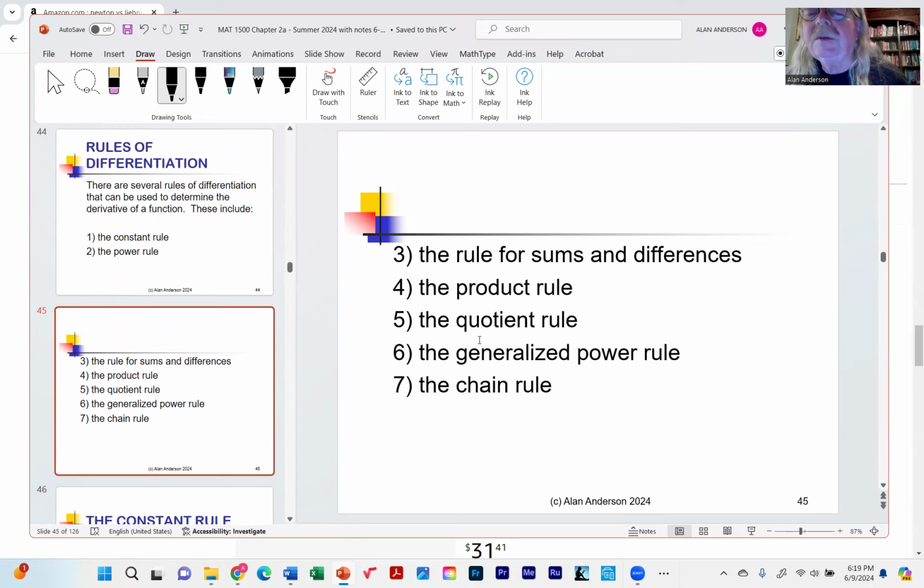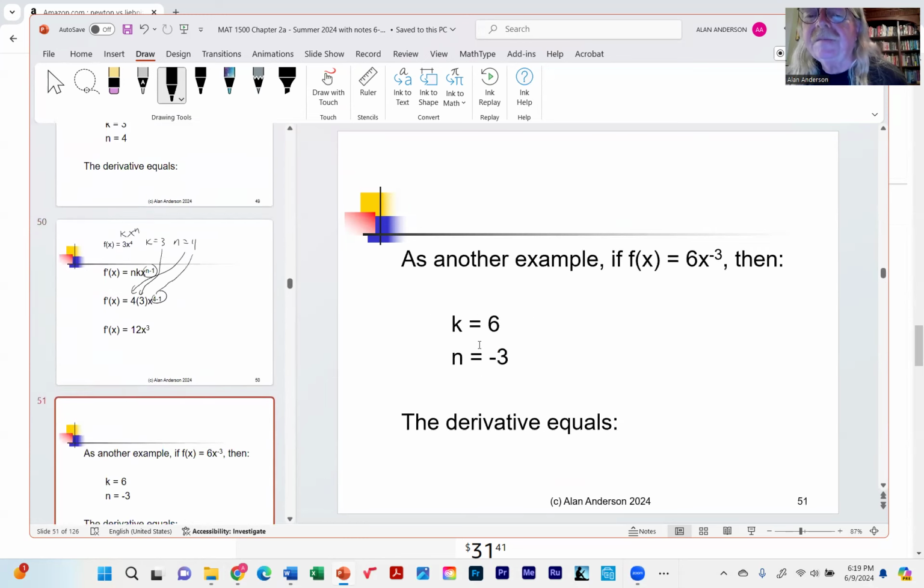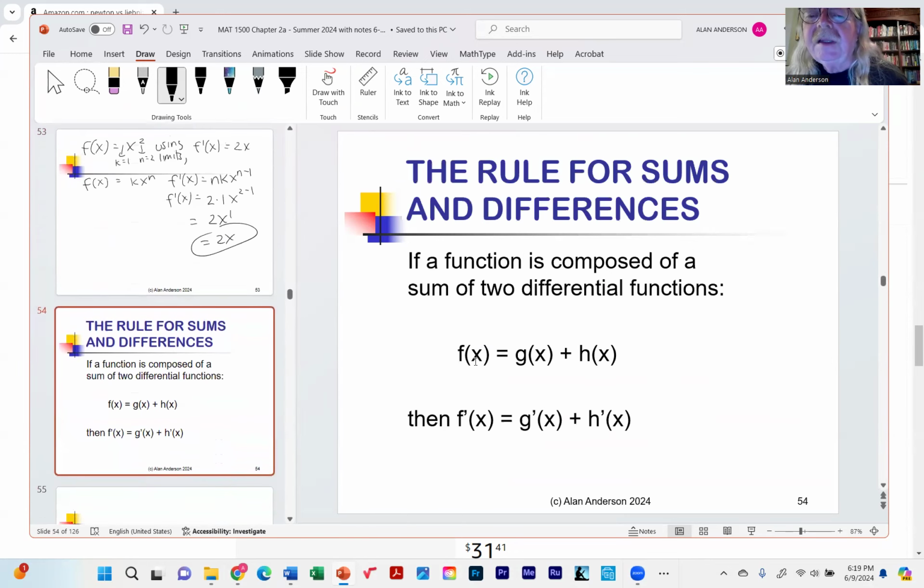It's similar to the limit rule for sums and differences because all you're really doing is saying that if you have a function which is a sum of two other functions, the derivative of that function is nothing but the sum of the individual derivatives. And of course, the same thing will be true for differences.